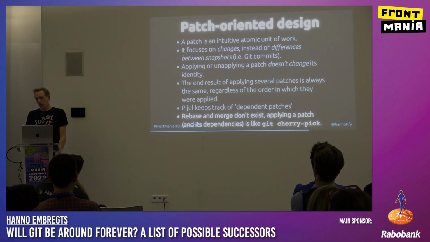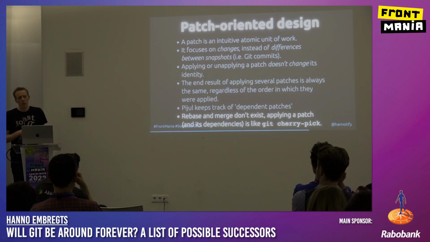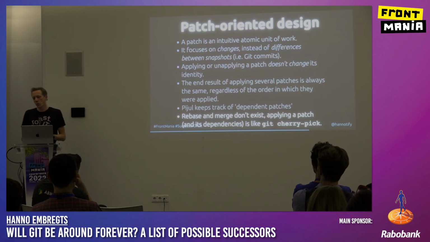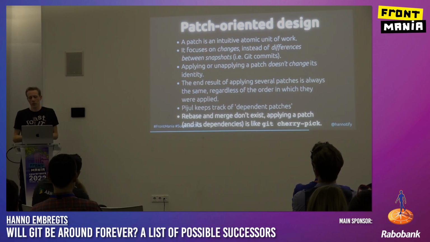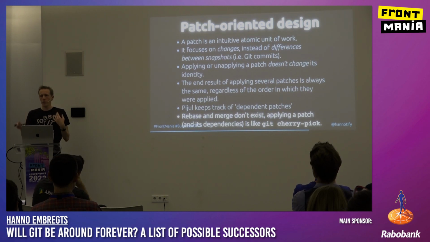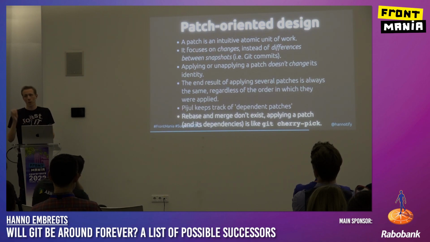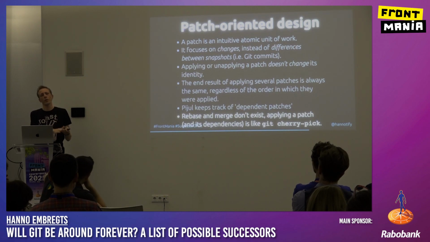It's important to note that conflicts in Pijul always happen between changes. So if a change A conflicts with change B, then in order to resolve those conflicts, you need a third change C. So a third patch will resolve the conflicts in A and B. This also means that when you get to a conflict, you solve it once and for all with a third change.